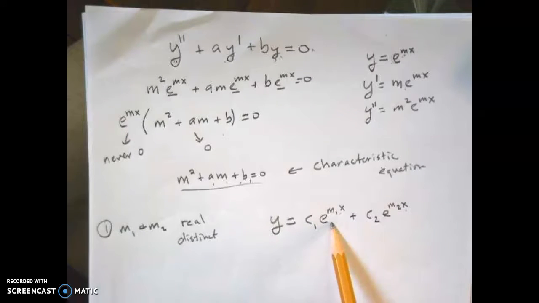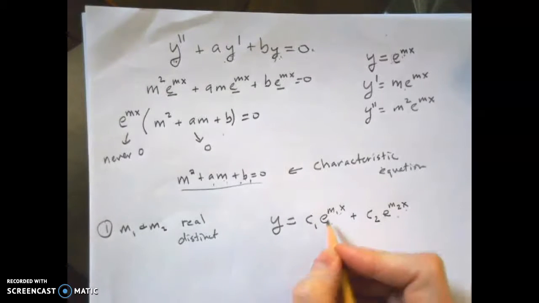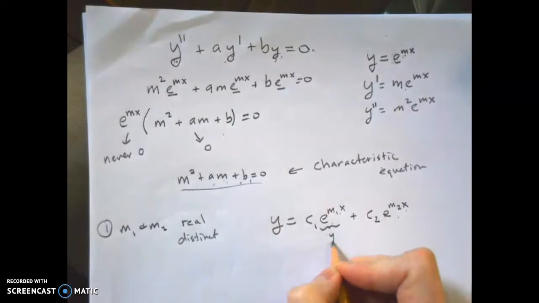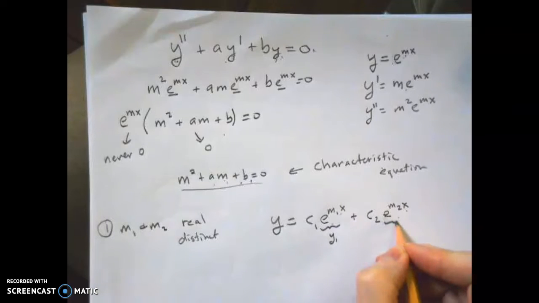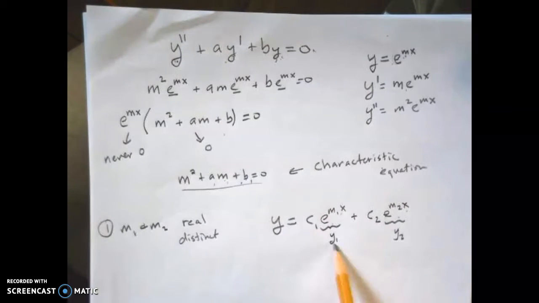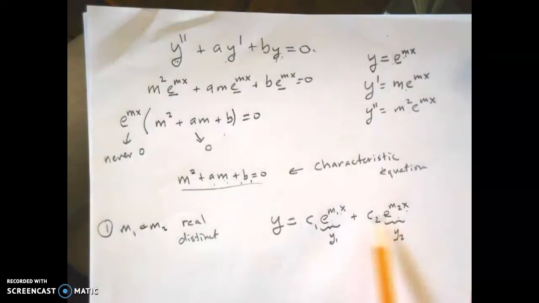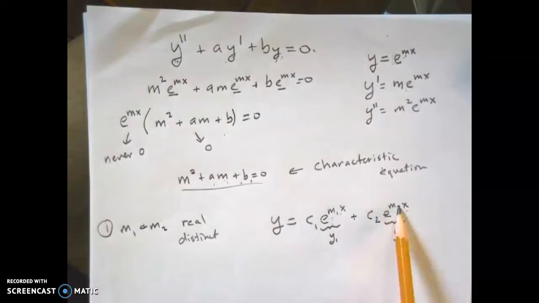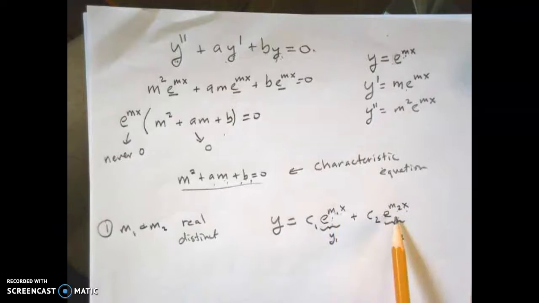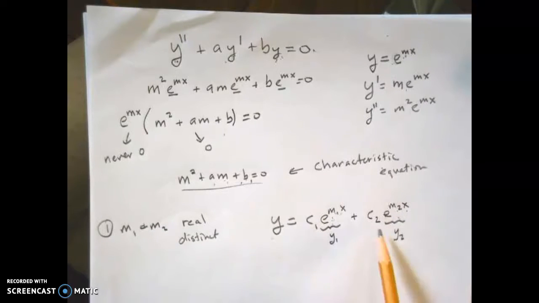We call those y1 and y2. So if y1 and y2 are linearly independent, and these would be linearly independent if m1 and m2 are different constants, like e to the 3x and e to the 5x, there's no way that you could multiply one by a constant to get the other. So the general solution would be c1 y1 plus c2 y2.